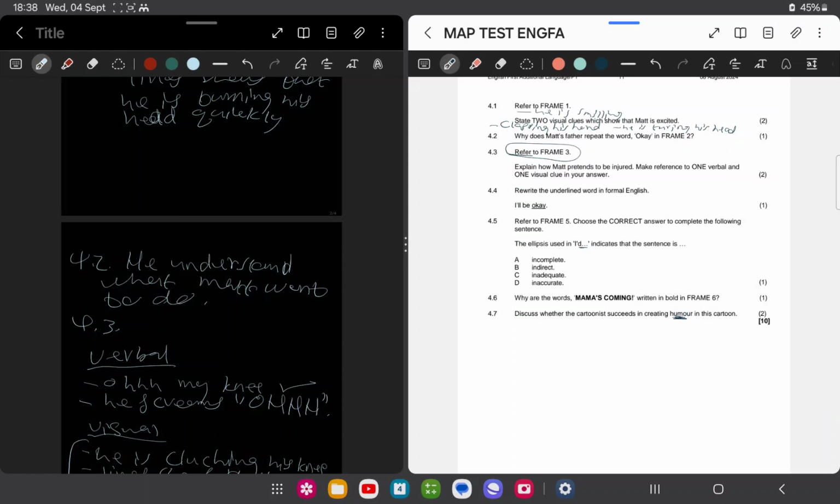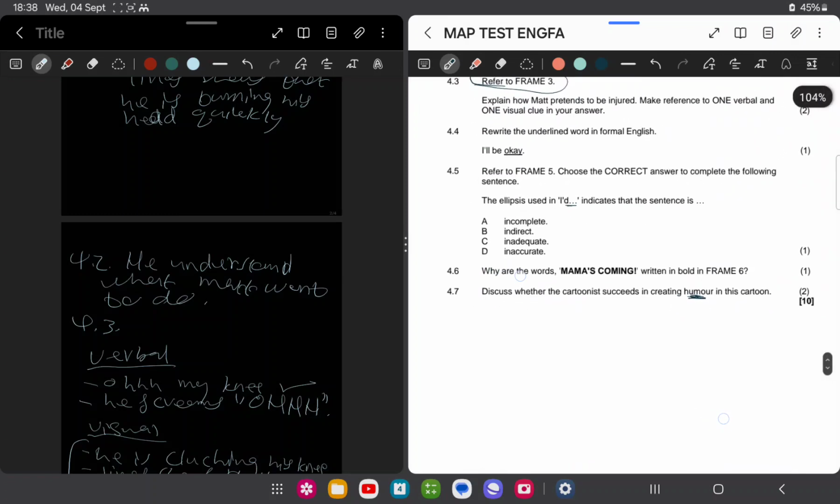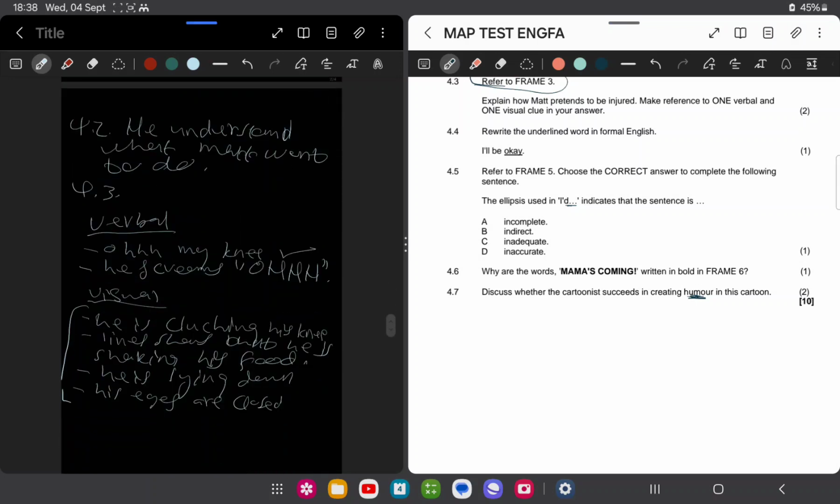So in other words, the examiner wants you to tell if the cartoon is humorous or not. So this one is up to you.